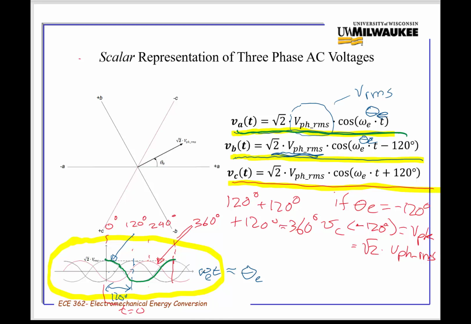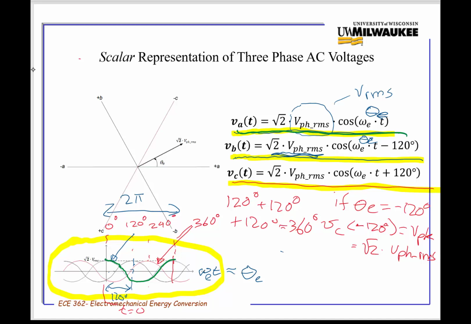And when we were talking about this before, we were saying that we had a repetitive period of 2 pi radians, right?